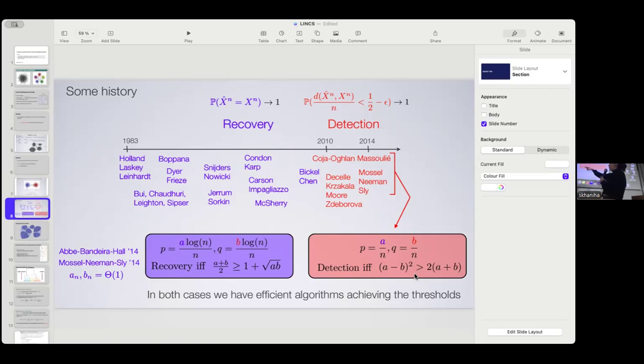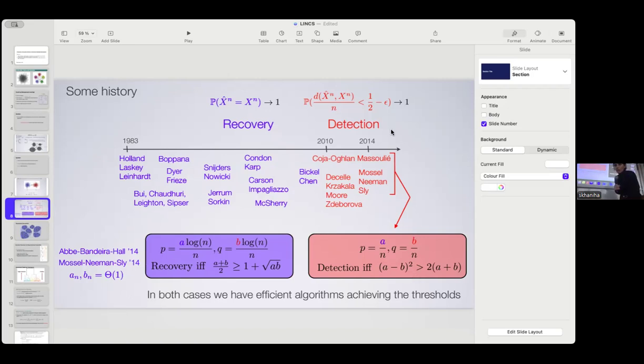Between detection and recovering the communities, there are some differences. When we say detect, it means we could introduce an algorithm that works better than uniformly assigning a label to each node, because we know that we have two communities, one or two. So one way is to uniformly attach one label, one or two, to each node.